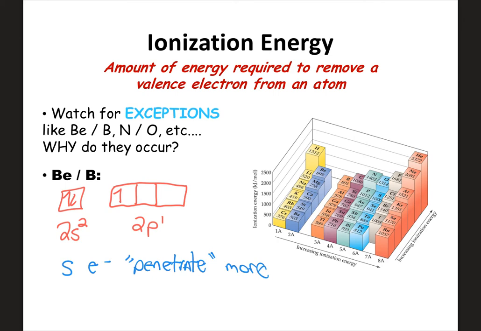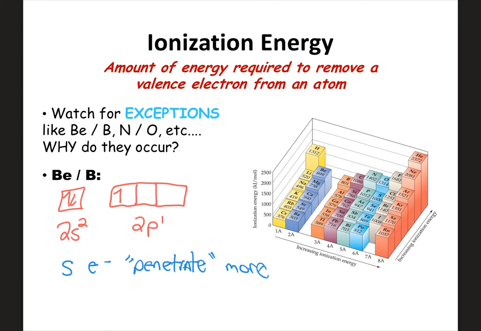Again, this only happens when you're moving from group 2A to group 3A because that's where you see the first p electrons starting to fill in. And then after that first one is in there and you add the second, it just goes back to normal, and the s electrons penetrating the nucleus more doesn't have as much of an effect.